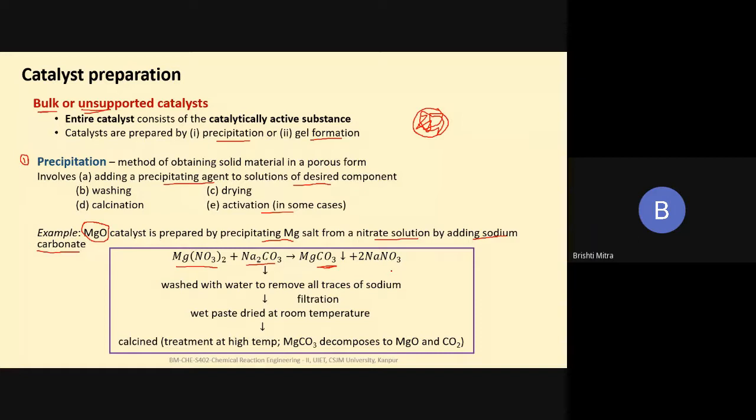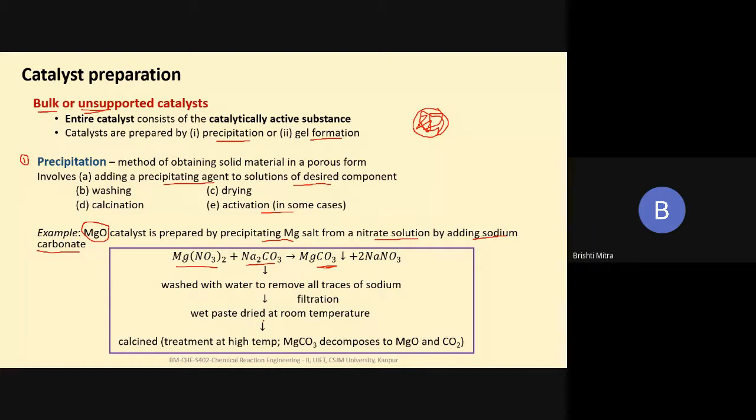Sodium might actually act as a poison. So we keep washing it with water so that only pure magnesium carbonate is left, and any traces of sodium are removed.